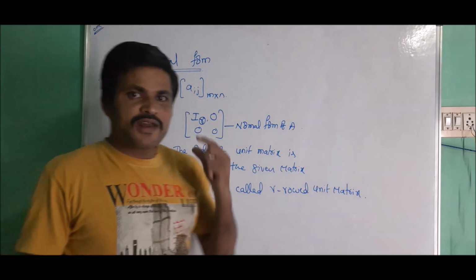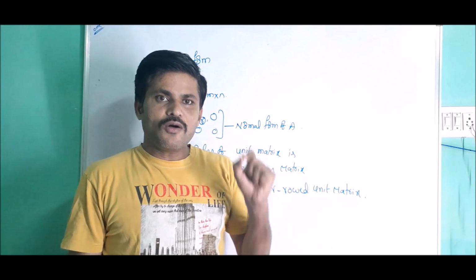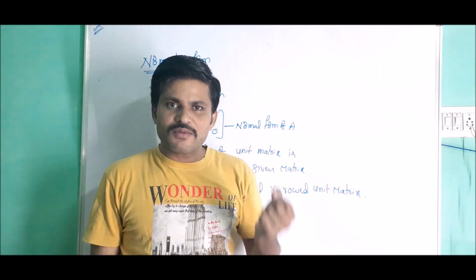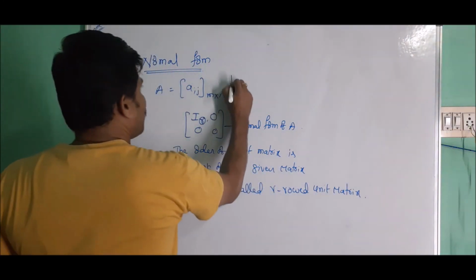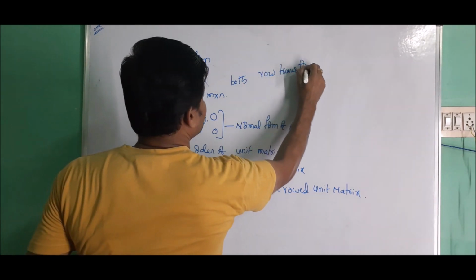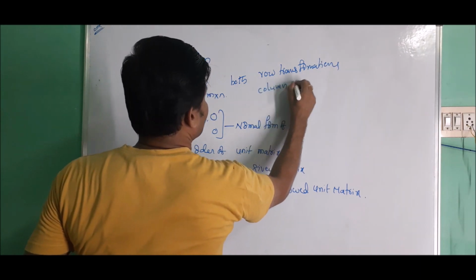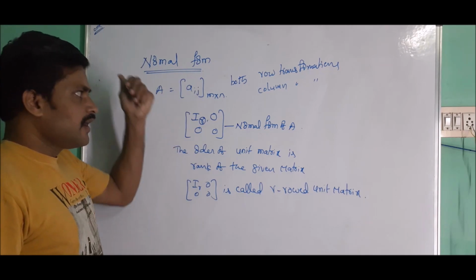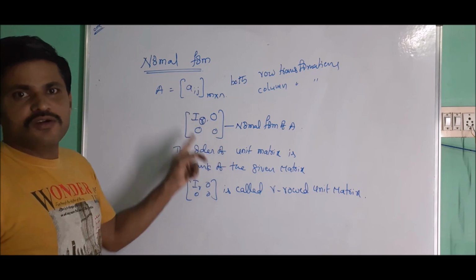This is also a very important method to find the rank. Now in this form we can apply both row transformations as well as column transformations. When both are applied to the matrix, it can be reduced to the form [I_r 0; 0 0].